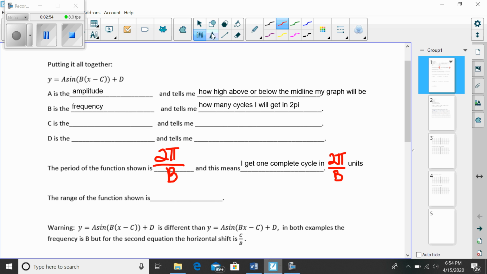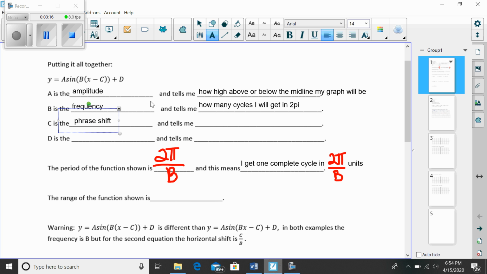Back over here, then what is C? When I do something to the X, just like we compared it back to the transformations we had done earlier in the semester with functions like y equals x squared, when I do something in the parentheses there to the X, that is a horizontal shift. This is also called the phase shift, and it tells me the length of the horizontal shift.